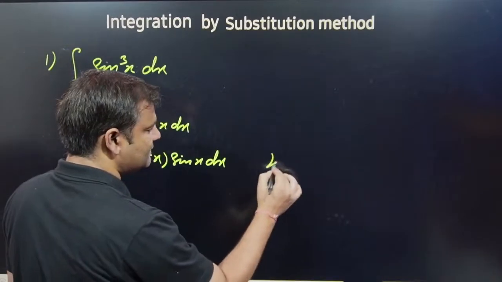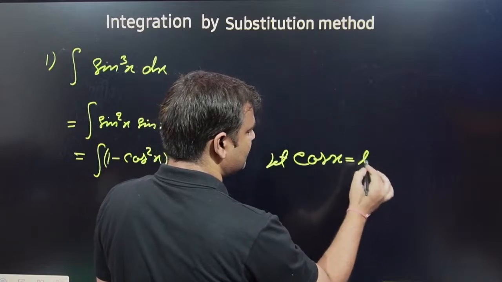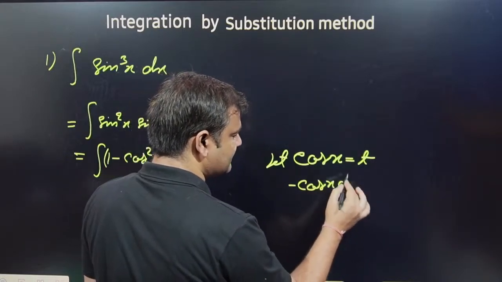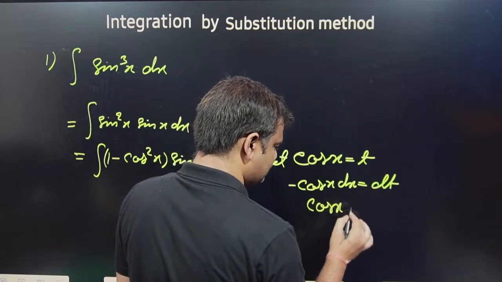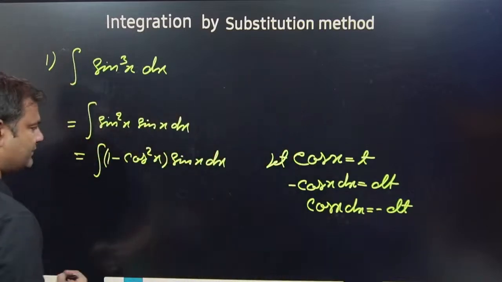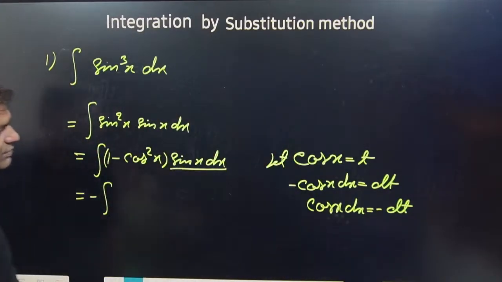So you can say that let cos x be taken as t, then differentiation of this one, simply minus cos x dx is replaced by dt. So cos x dx is how much? Minus dt.